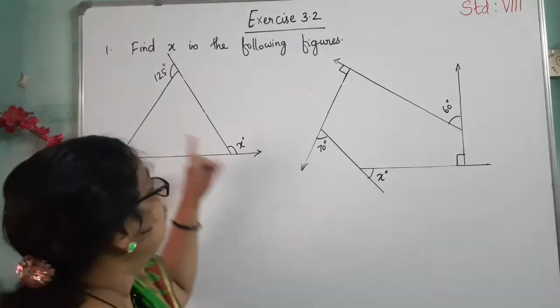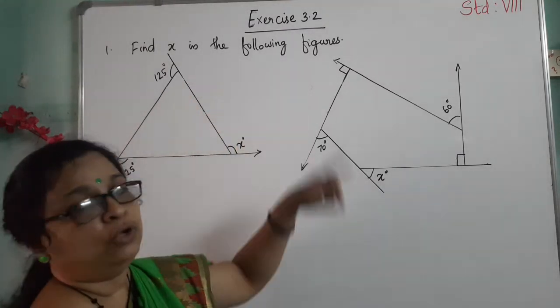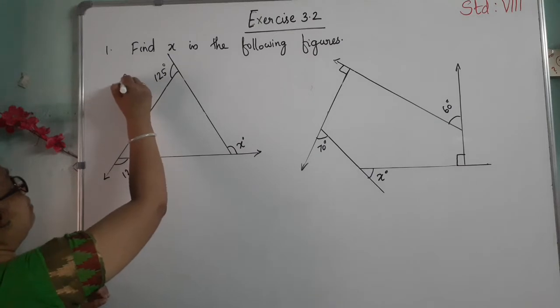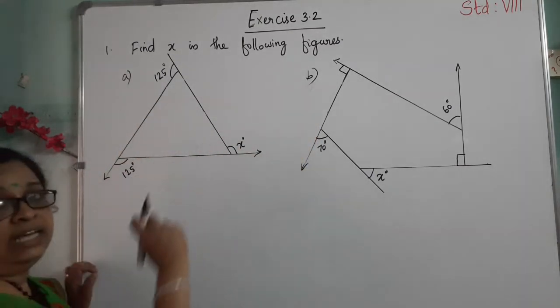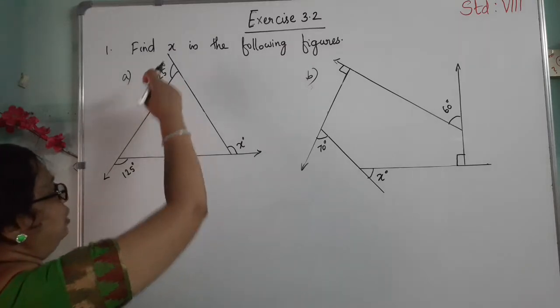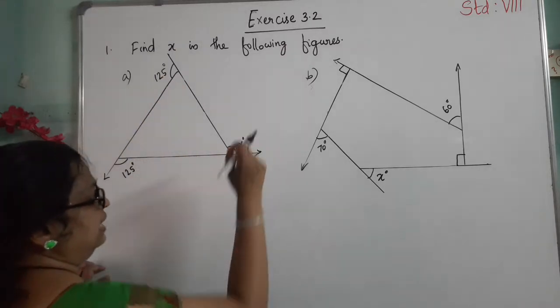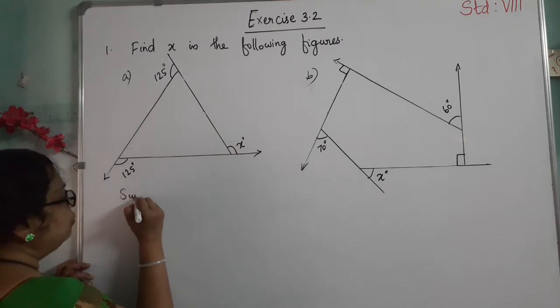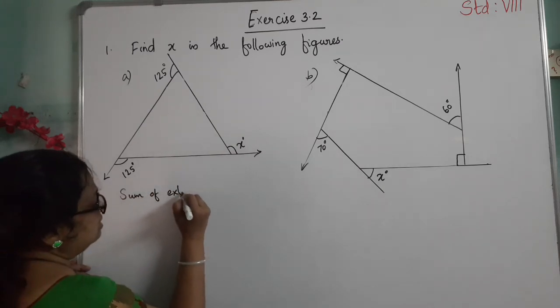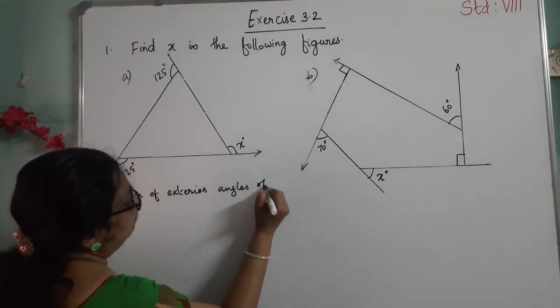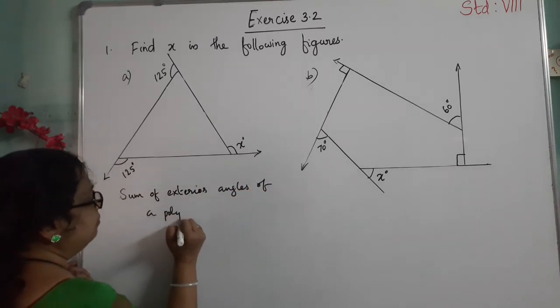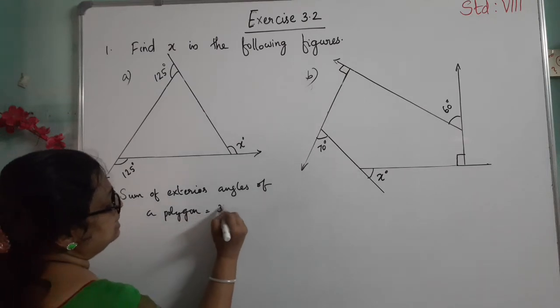Exercise 3.2. First question, find the x in the following figures. Two figures are given, this is A, this is B. Here in a triangle the 3 exterior angles are 125, here also 125, and x. We know that the sum of exterior angles of a polygon is 360 degrees.